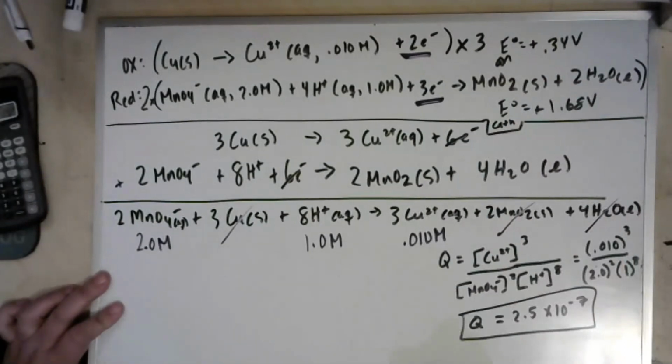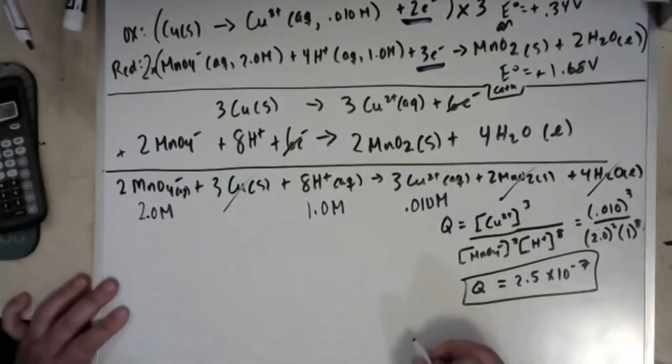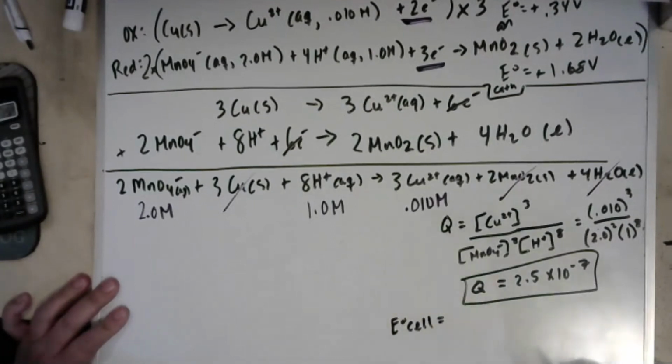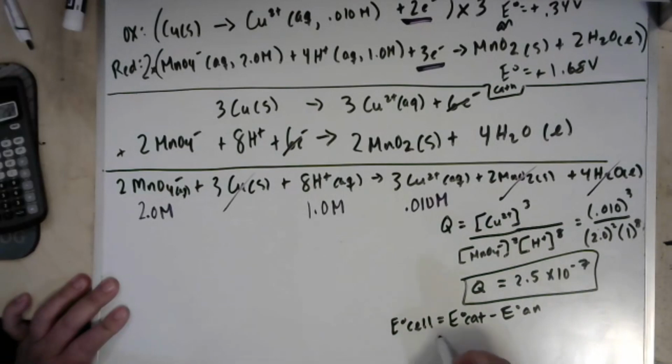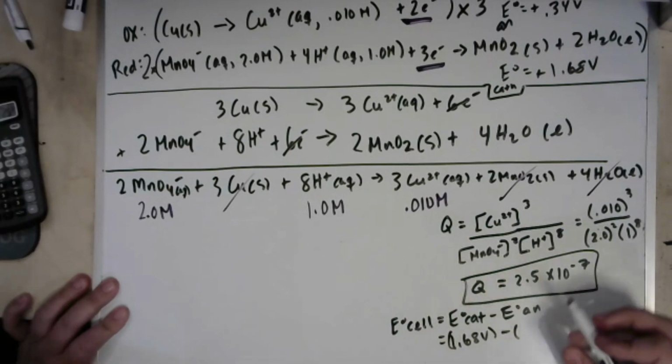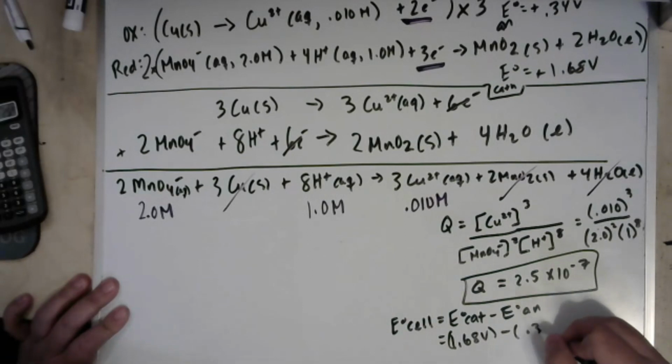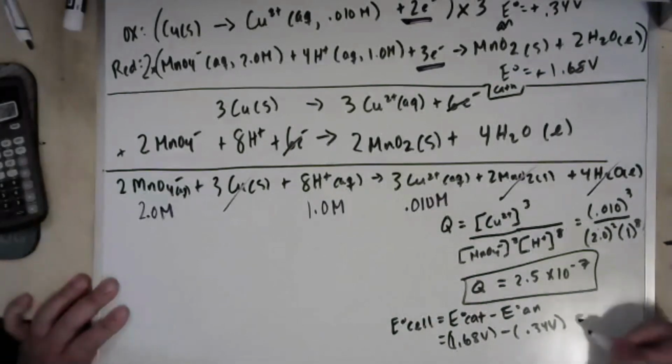All right, so to calculate E cell, we're going to use those values. So E cathode is going to be 1.68 volts minus our anode, which is going to be 0.34 volts.